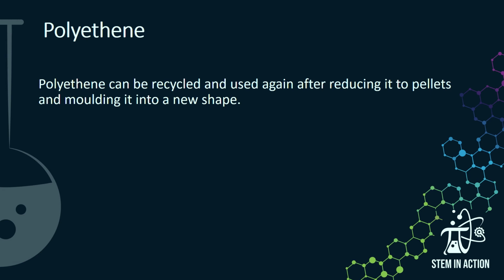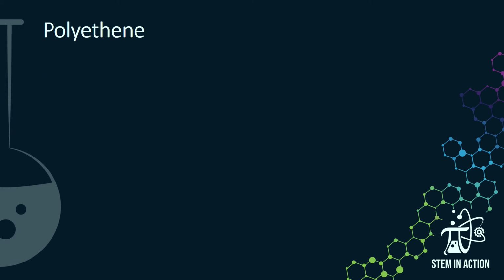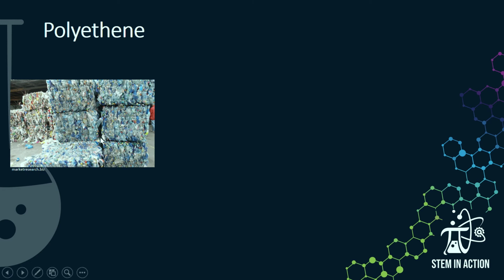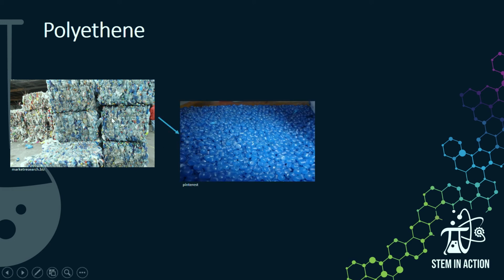So polyethylene can be recycled and used again after reducing it to pellets and molding it into new shapes. So if you have waste material of polyethylene, if people collect such waste bottles that we would otherwise throw away, you can remold them into pellets, right?